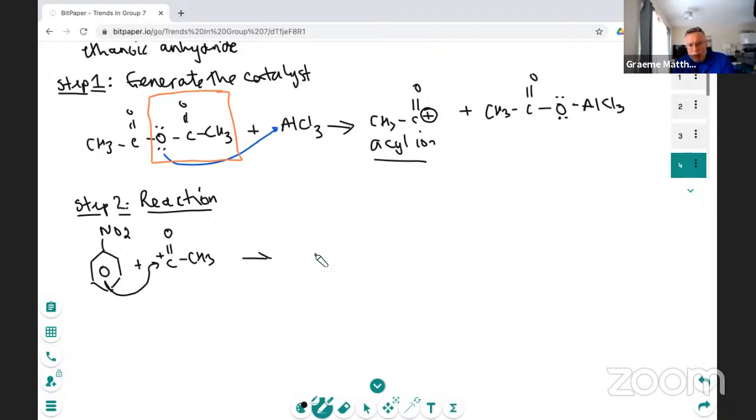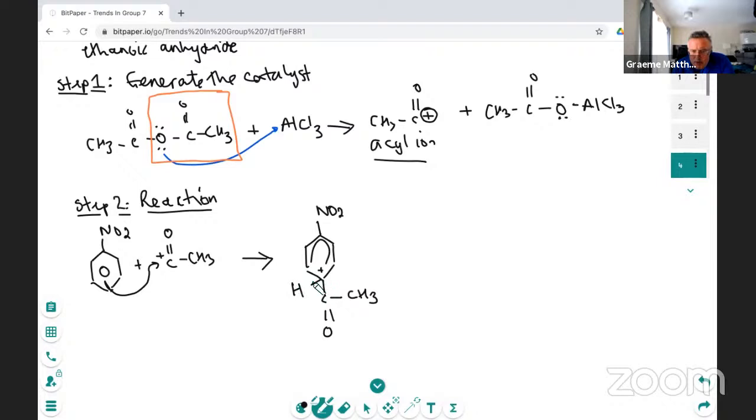And so you end up with this. I've broken the pi bond system like this, and in this case I stuck the acyl ion down the bottom there. Where I broke it is going to be positive. And of course I'll put my hydrogen on this side, because you know what's going to happen next: I'm going to regenerate the catalyst.